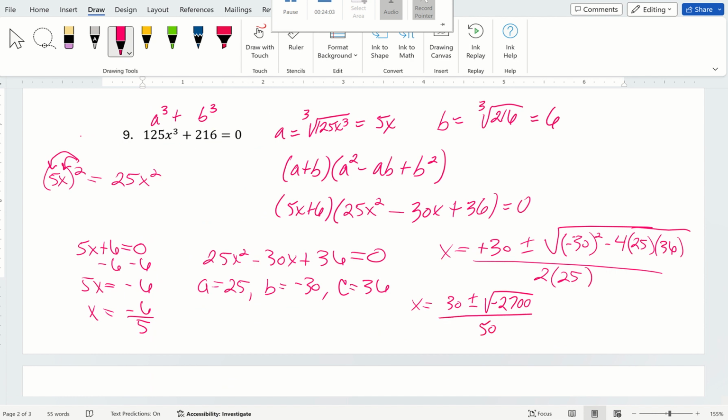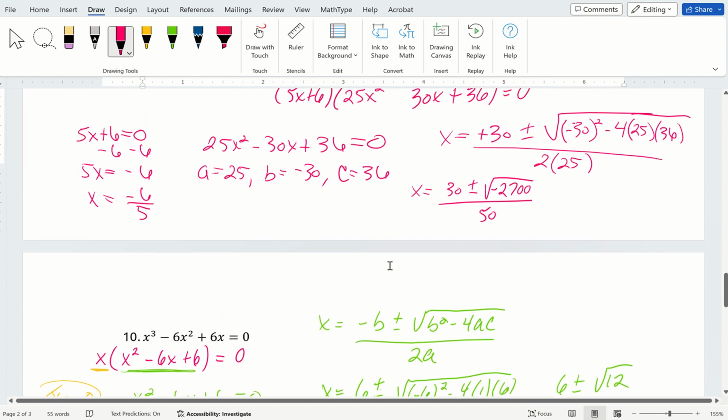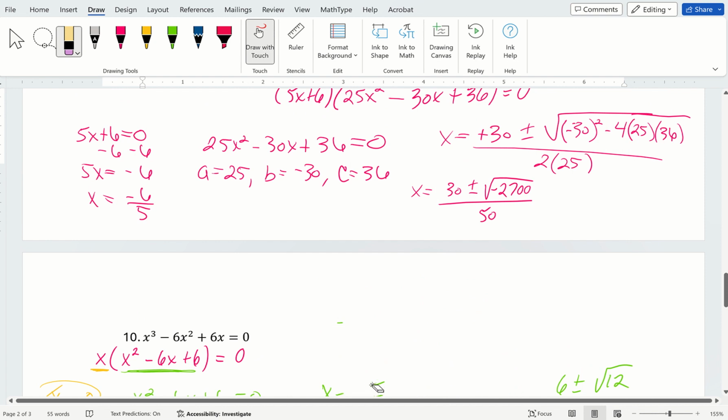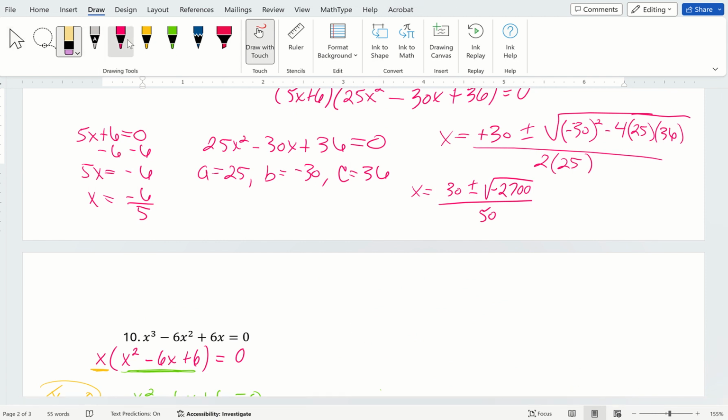Now we have to simplify the square root of negative 2700. I'll move down here to do that. So the square root of negative 2700 equals the square root of negative 1 times the square root of 2700. And I showed you that calculator trick.